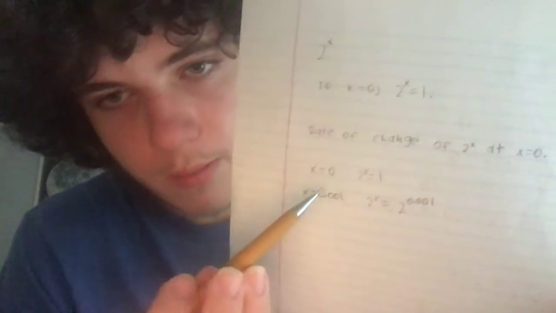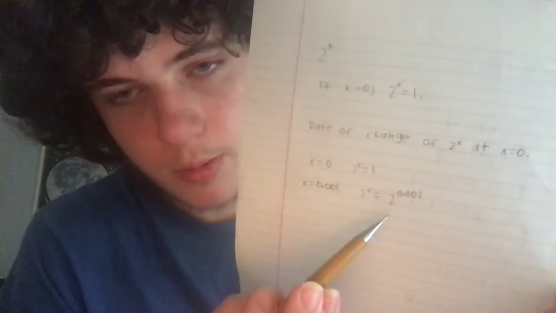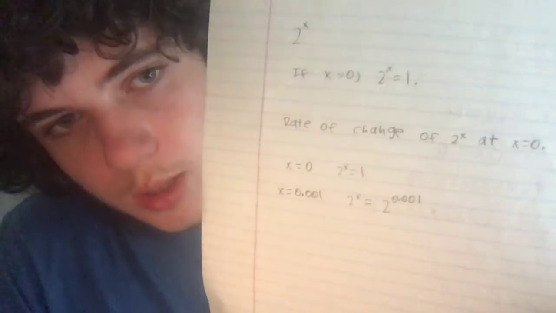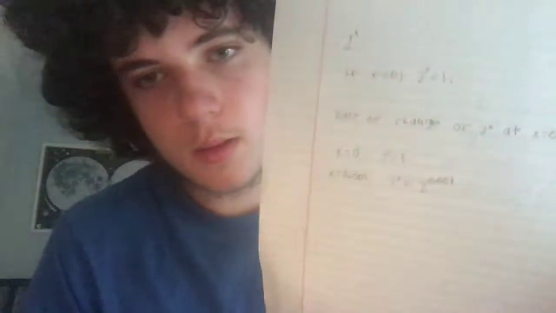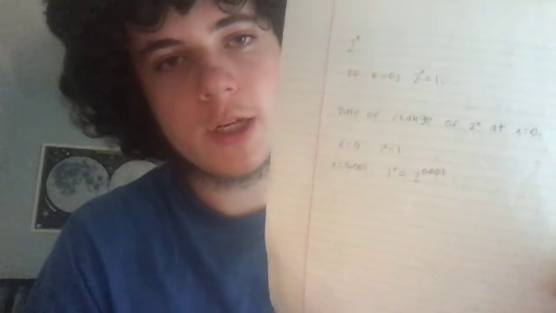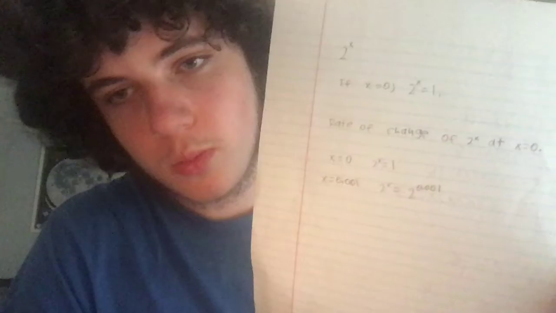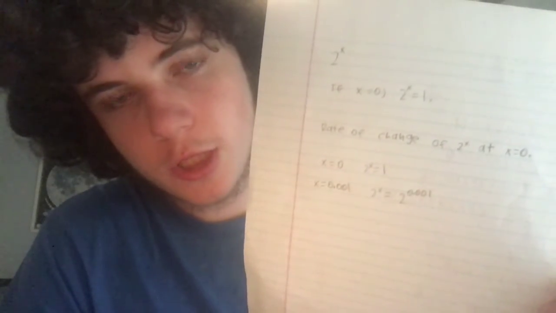Okay. So now we have our 2 points, and what we're going to do is find the ratio between the output's change and the input's change. And this will tell us, you can also think of it as, how sensitive the output is to a change in the input.